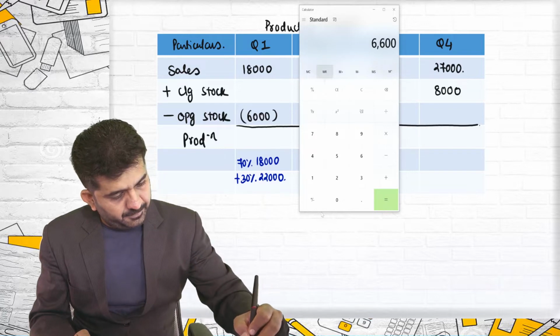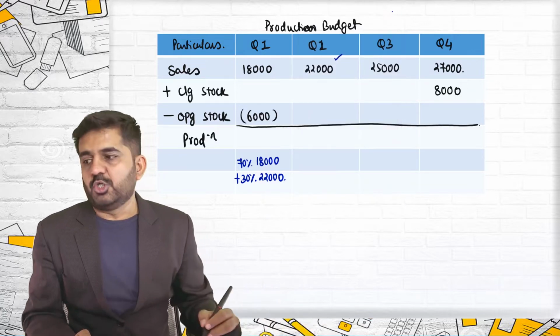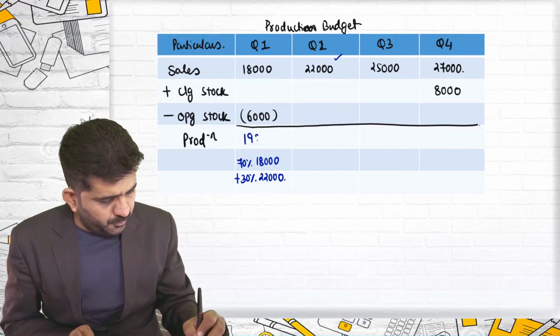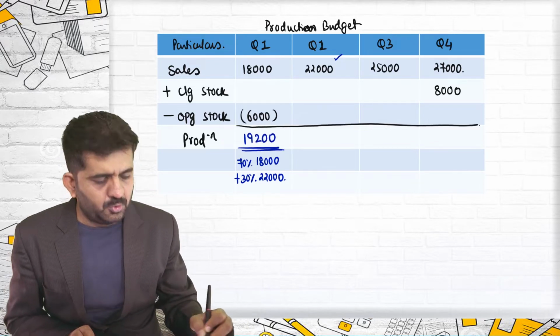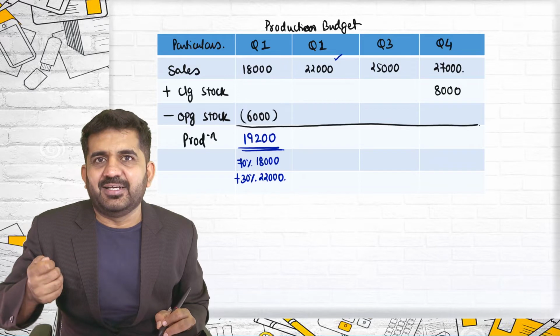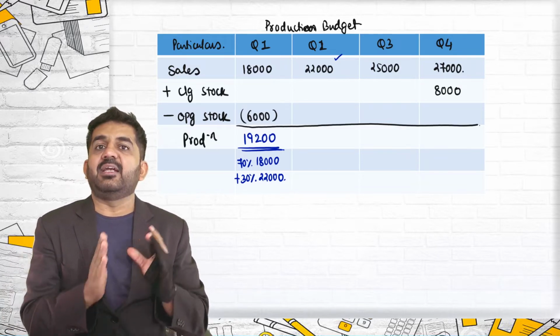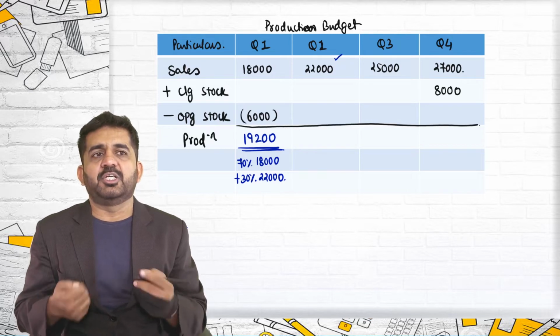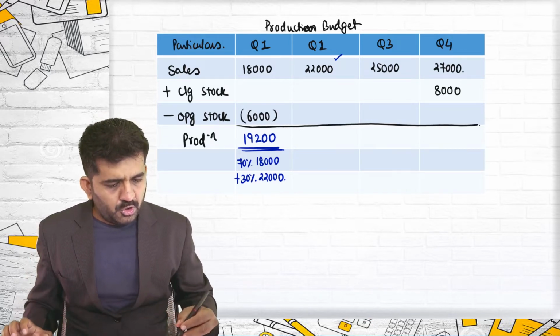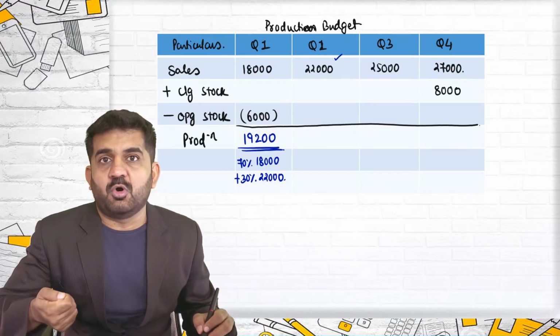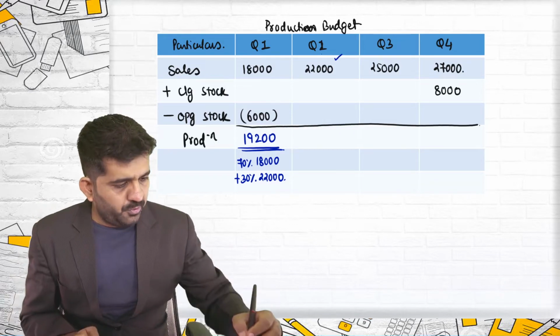That is 19,200. So in first quarter, you will be doing production of 19,200. This is your pattern. Current quarter's sales multiplied by 70% and next quarter sales multiplied by 30% is the production which you do. I can find out the production of all the quarters except quarter 4.